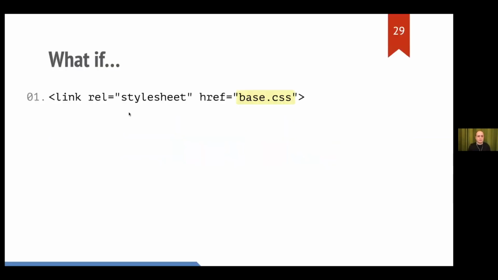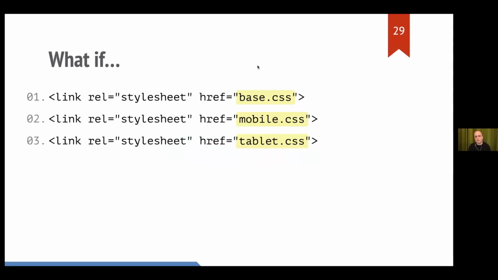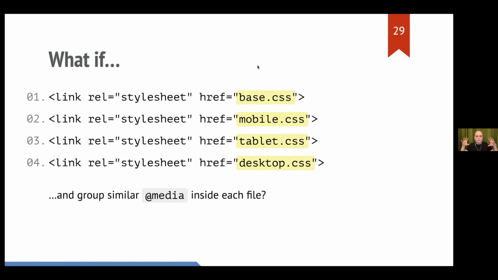Something like this, like base CSS. Remember this menu, margin, padding, list style reset? We can load some basic CSS for every breakpoint, and then include mobile, tablet, desktop, and then probably, I don't know, include some media queries inside of those files and ask the browser not to load those files because those media queries are inside of it, something like this.